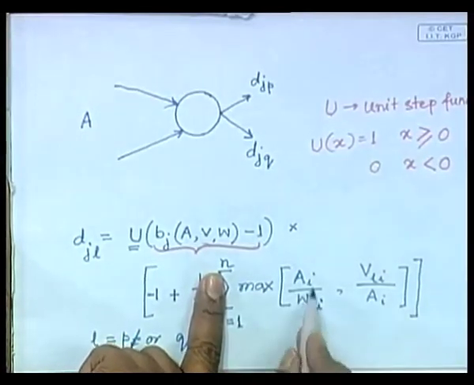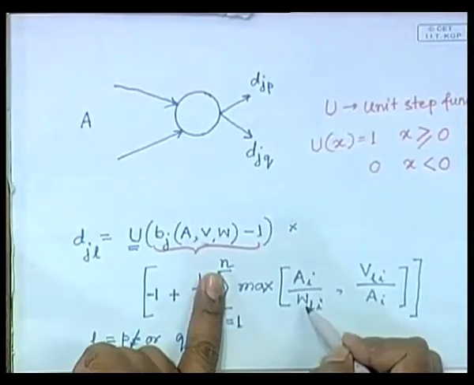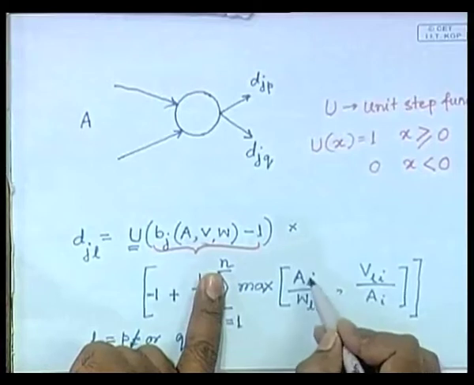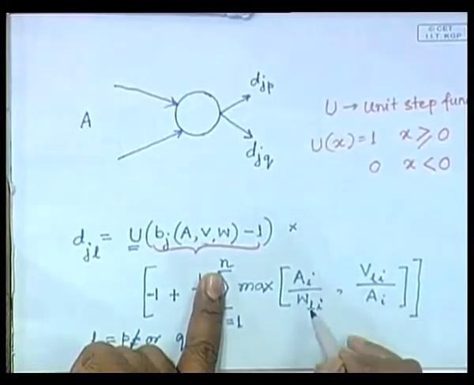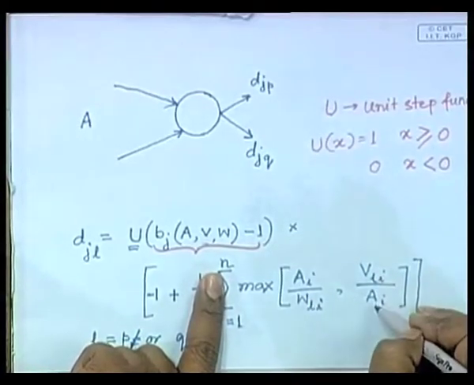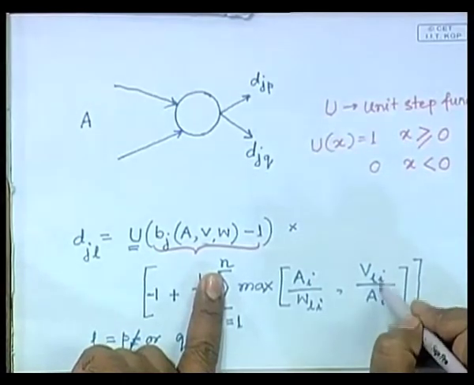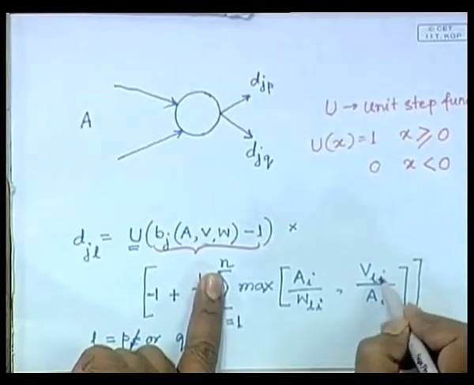Okay. Here you find that if A and W_L are the same, that means this unknown feature vector coincides with the max point, then this is equal to 1. Or if V and A are also the same, that is, the unknown feature vector coincides with the min point, then also this is 1.